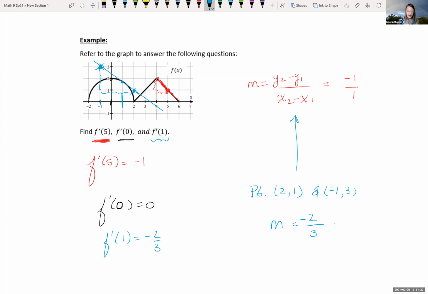Looking at the graph, you should be able to find the derivative at particular values. If it's a curvature, you're going to try to figure out what the tangent line would look like at that value, and then find the slope of that tangent line.